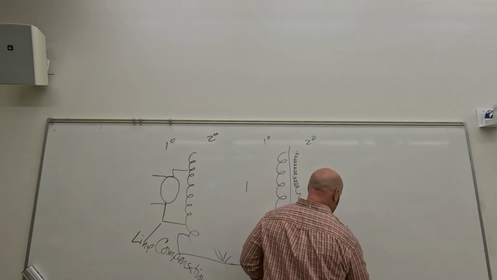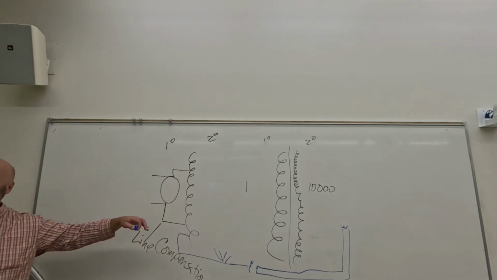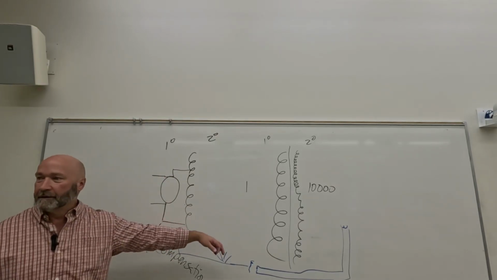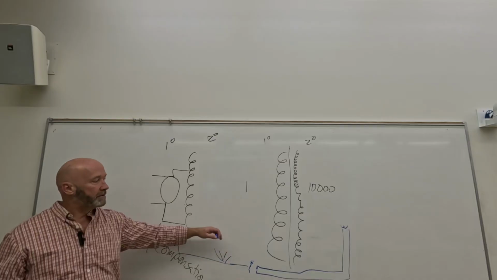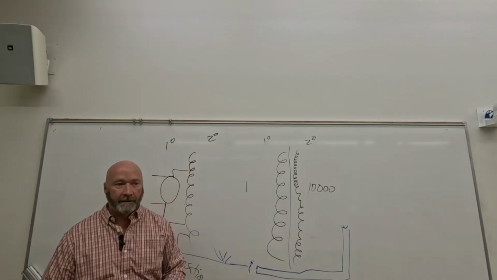So I'm going to call this a separate circuit, the filament circuit, just for simplicity's sake. So low voltage, high voltage, filament circuit, you can just go ahead and put that in the book.